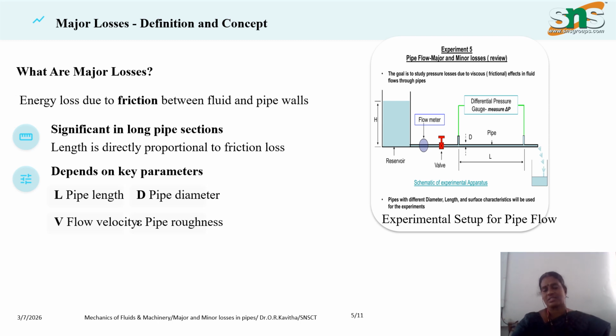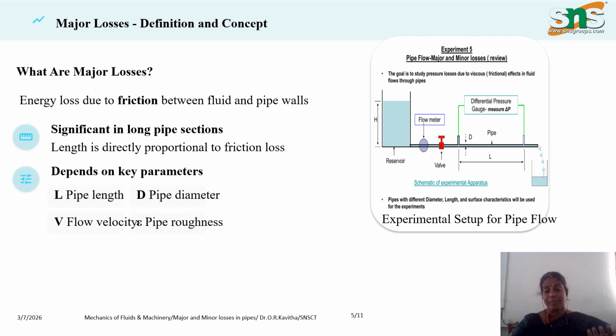So what is a major loss? It is mainly due to friction in the pipe walls. If the pipe walls are smooth, the friction losses will be less. If there are corrugations, the losses will be more, that is, friction will be more. Mostly these occur in long pipe sections.